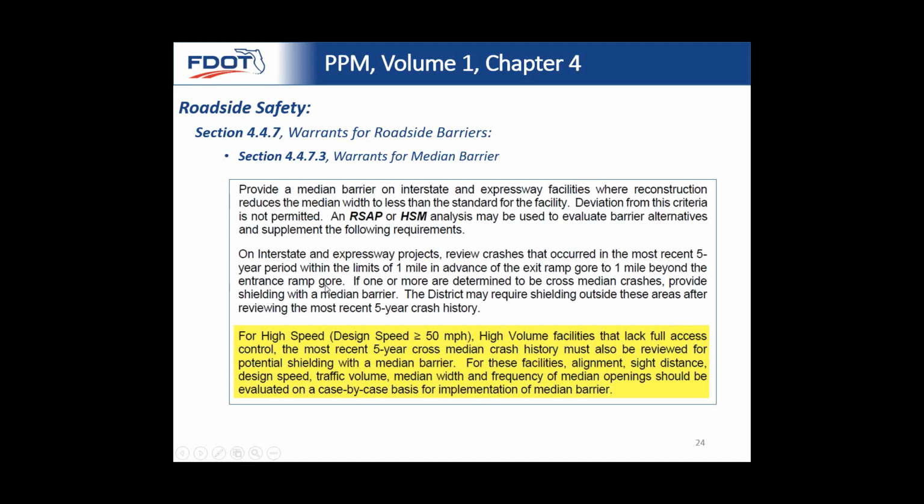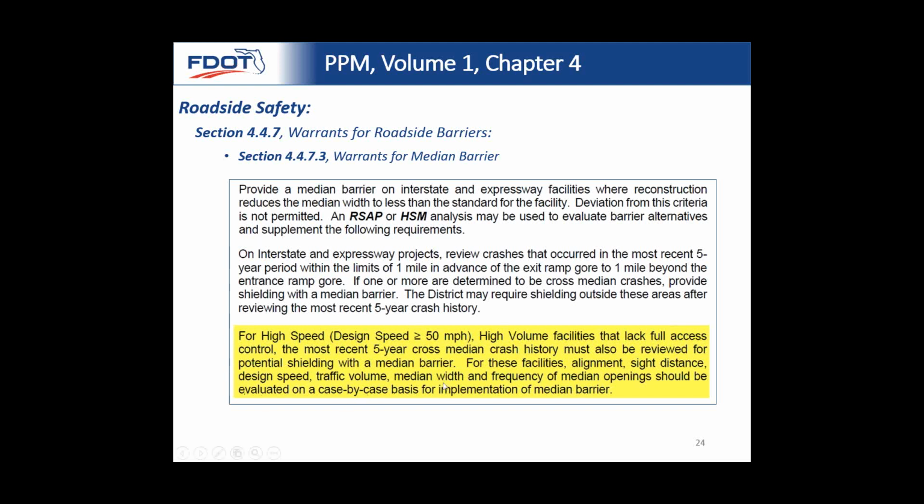Not a lot of that has changed. Like I mentioned before, high-tension cable barrier is now our preferred alternative for median barrier applications, and those placements are based on the criteria that we previously had about evaluating crash history, specifically within 1 mile of any interchange exit ramp.